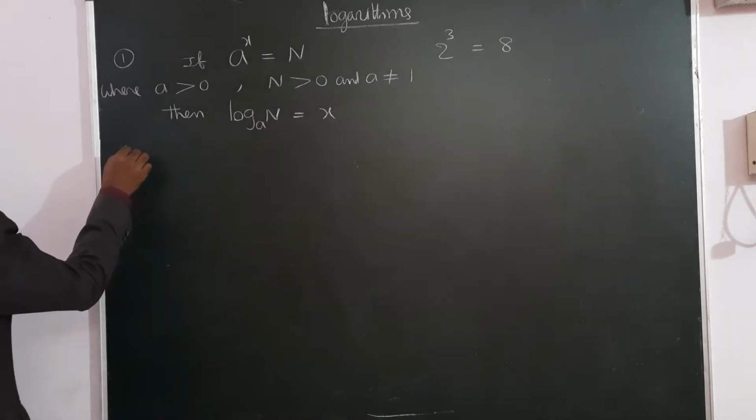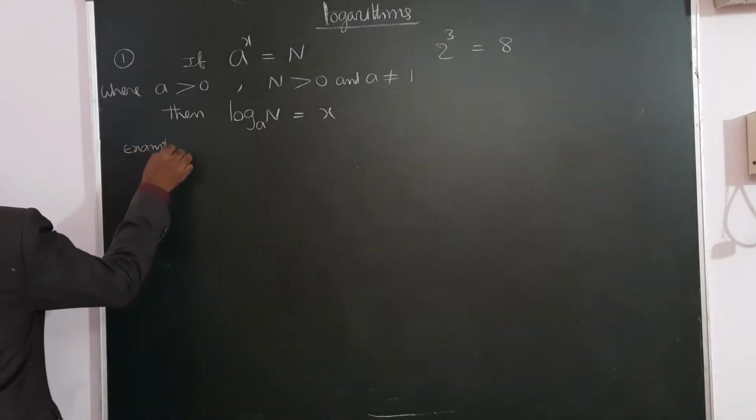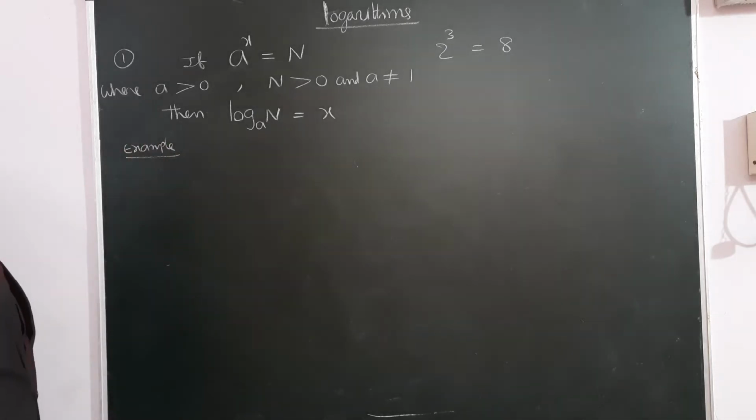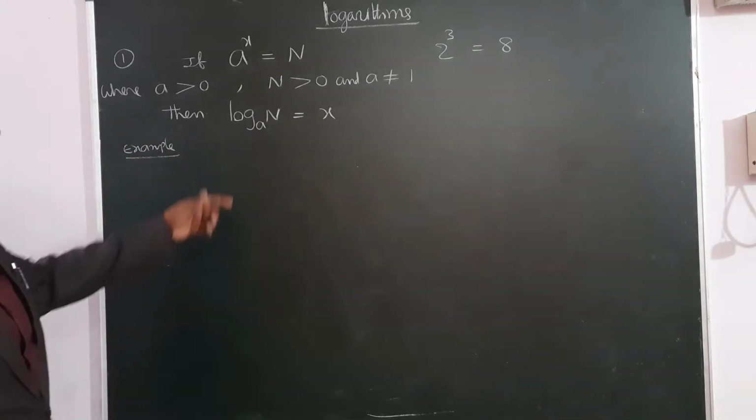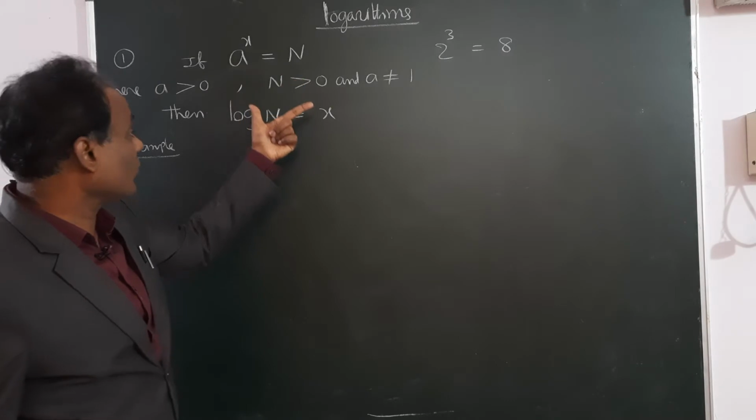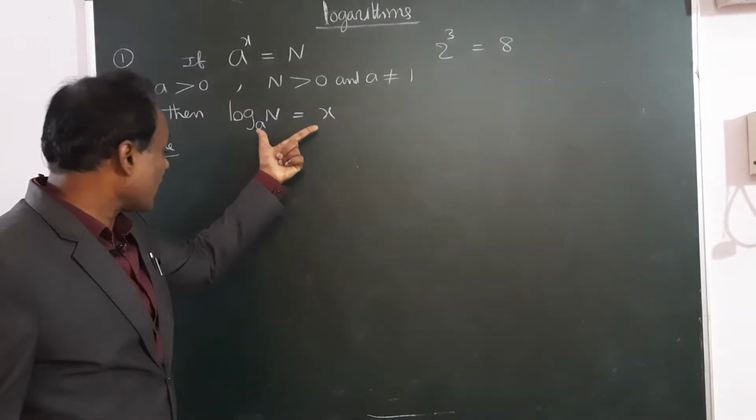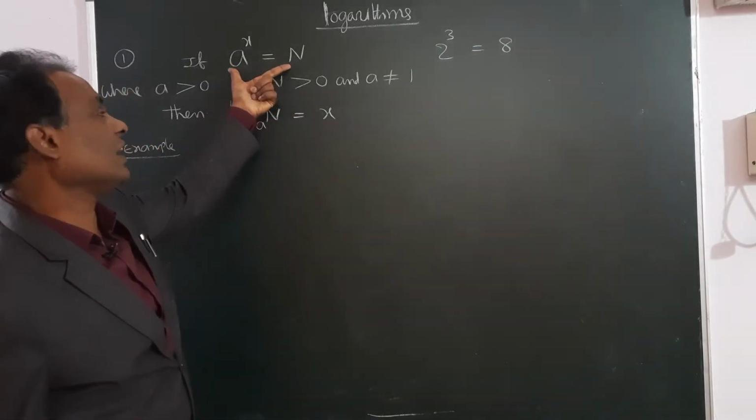Some examples. Now I will explain two concepts based on this definition. If exponential form is given, how to convert into logarithmic form. If logarithmic form is given, how to convert into exponential form.